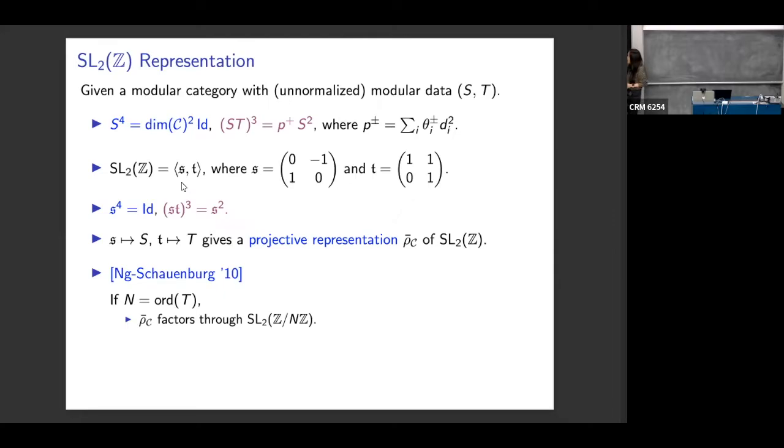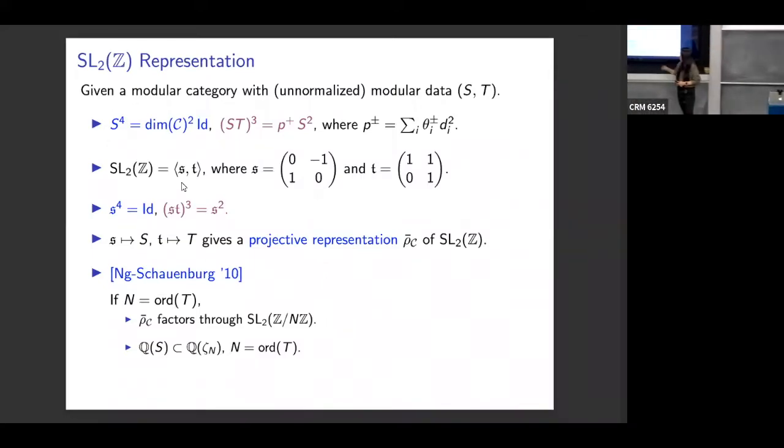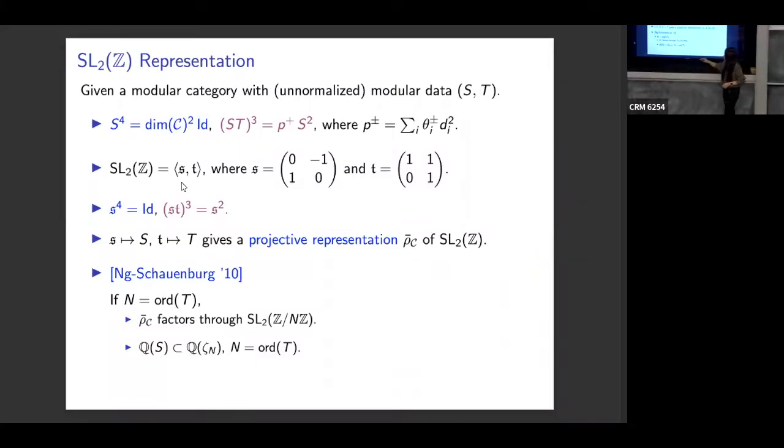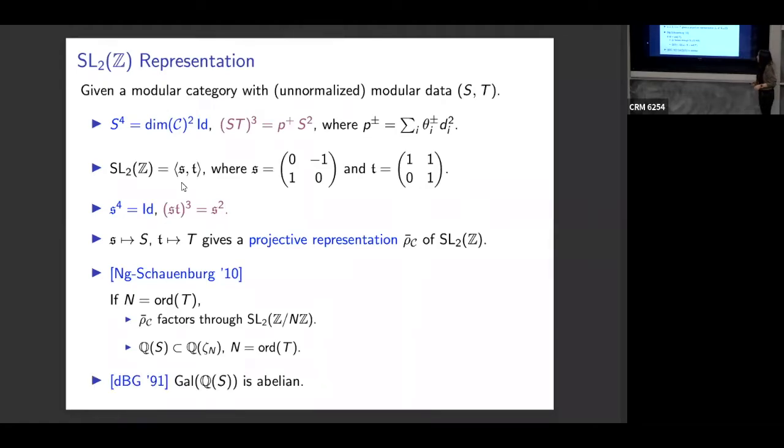So in particular, the group generated by the modular data S and T is a finite group. Also, I use the notation Q adjoining S for the field extension: if you take the rationals Q with all the entries of S, this sits inside the cyclotomic field of order N, where N is the order of the T matrix.